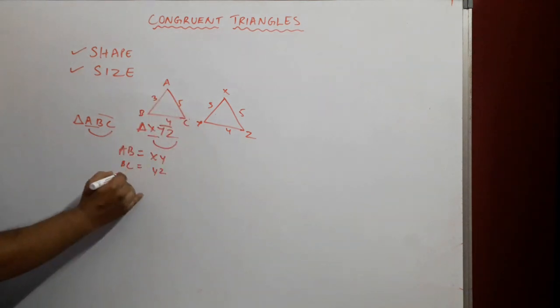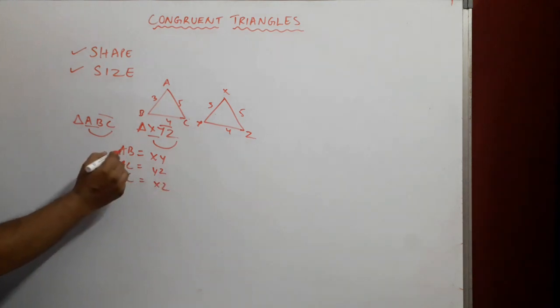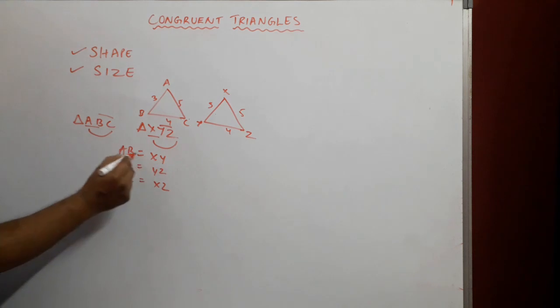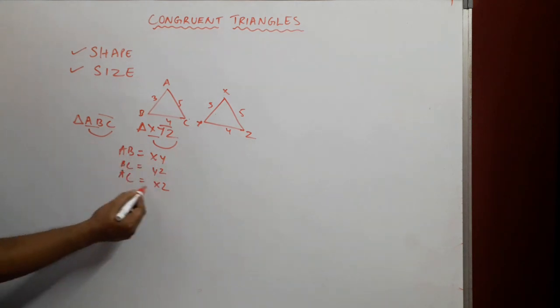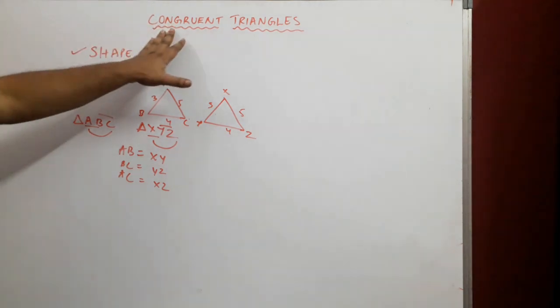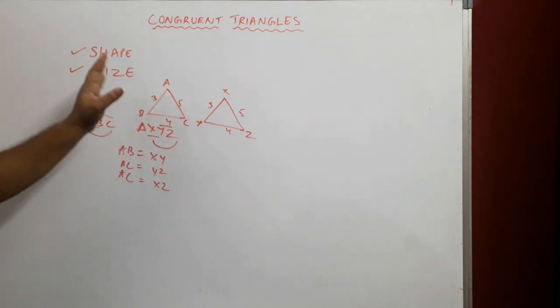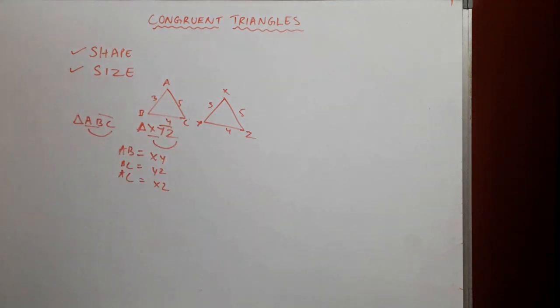Similarly, we will have AC equal to XZ, and note that these sides which are equal are corresponding sides. So it is important to note that in congruent triangles, the triangles need to have the same shape and also the same size.